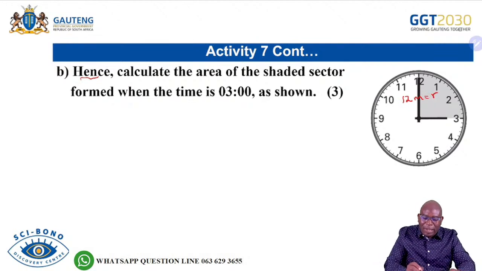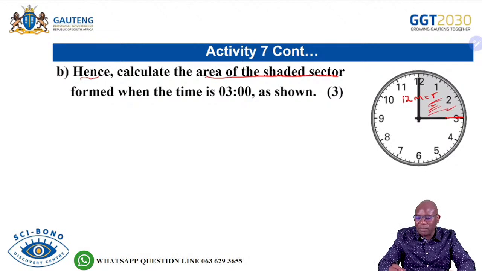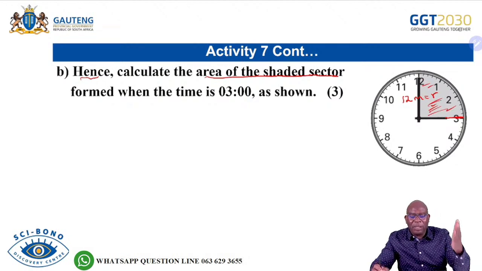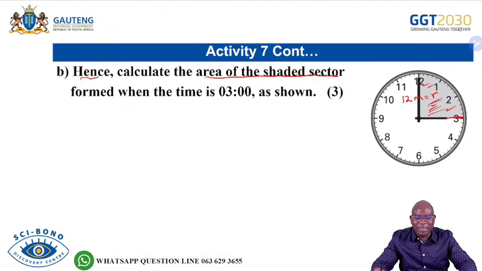Now they say calculate the area of the shaded sector. The shaded sector is this part here. You see that part there, it's shaded. If it's 3 o'clock in this case, what will that mean? It will mean that the angle from there will be 90 degrees. If you divide the clock's 12 hours into 4 quarters, then you have your 90 degrees there.